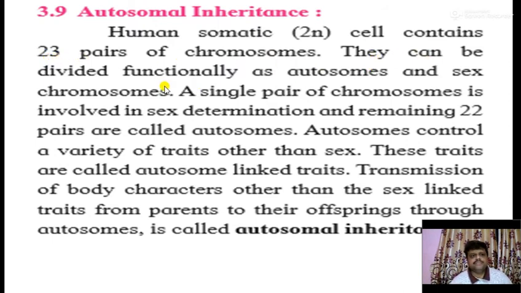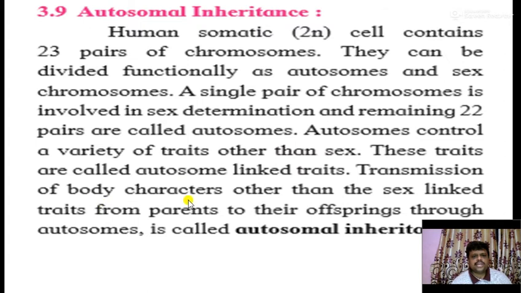So they can be divided functionally as autosomes and sex chromosomes. A single pair of chromosomes is involved in sex determination and the remaining 22 pairs are called autosomes. Autosomes control a variety of traits other than sex. These traits are called autosome-linked traits.